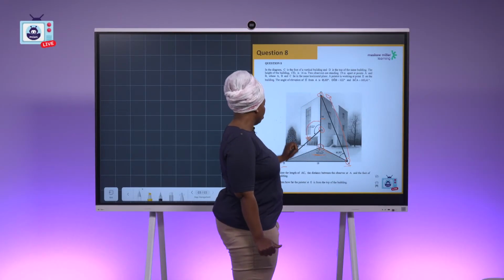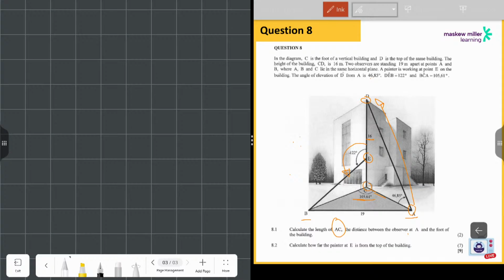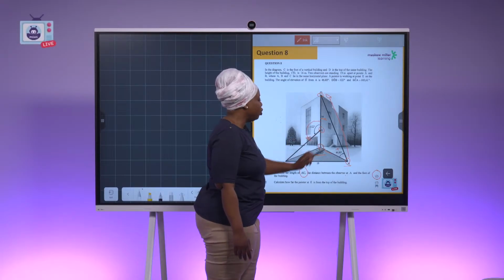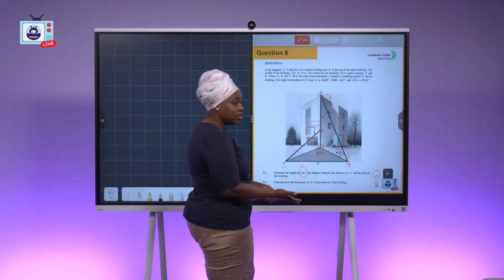If they want you to find AC, you need to figure out which triangle you are going to use and why. AC is the distance from observer A to the foot of the building. It is just 2 marks. So when I look at it, I have an angle, I have one side, and I'm looking for the other side. What can we use? It's 2 marks.